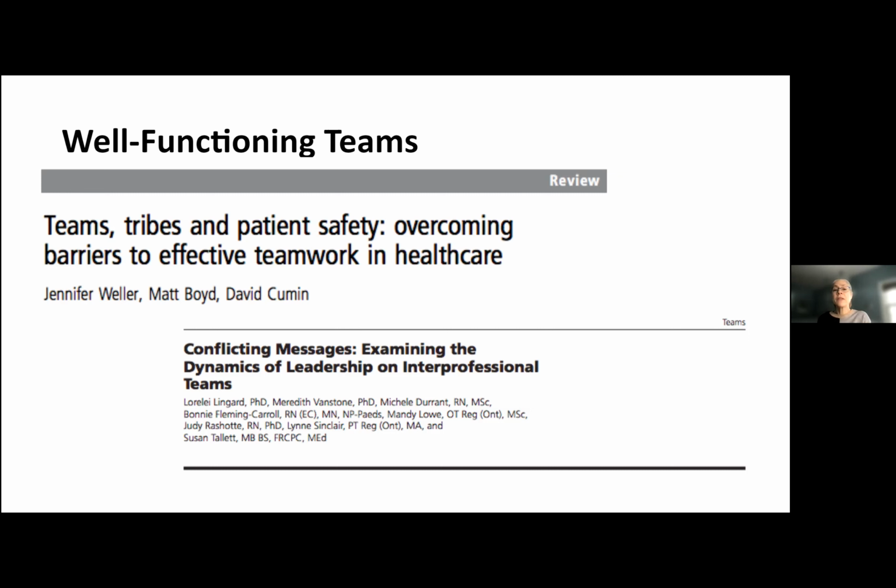The other group here is this paper was led by Jennifer Weller and the team of Matt Boyd and David Kumin. They've published extensively on effective team behaviors, and they have found that shared mental models, mutual respect and trust, and closed loop communications are like the basic underpinnings required for effective teams. And they look at the different challenges, whether those are educational, psychological, or organizational, to the development of effective healthcare teams.